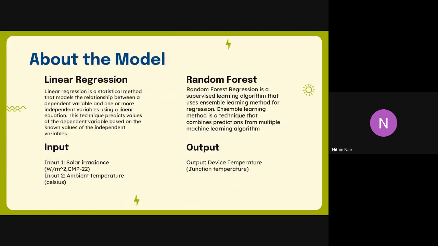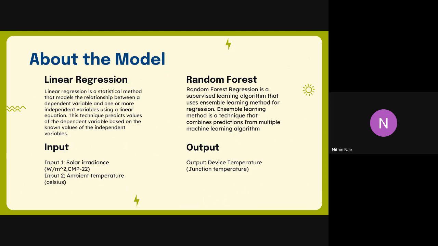Up next, we have the model itself. Since our data is numerical, both the solar irradiance and the ambient temperature, the solar irradiance, which is the CMP22 that we have used, obtained from the pyranometer, and the ambient temperatures, which we have gotten from NREL data.